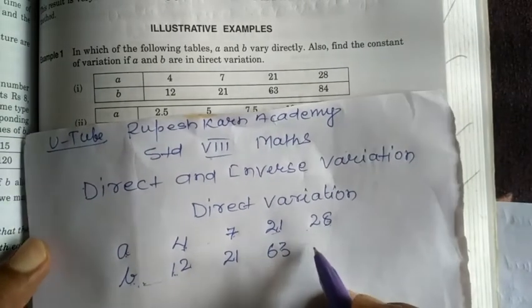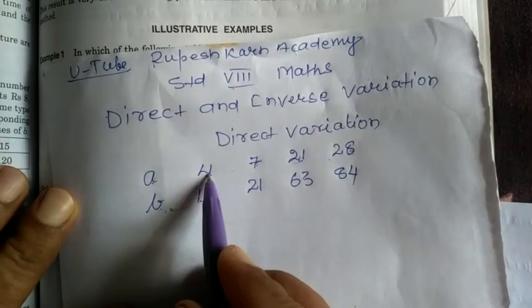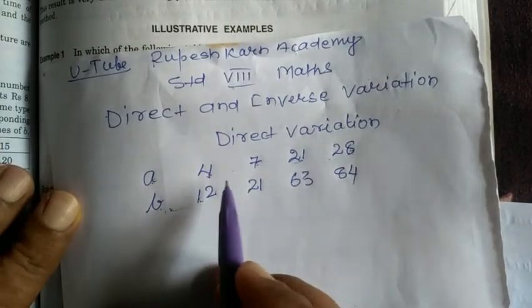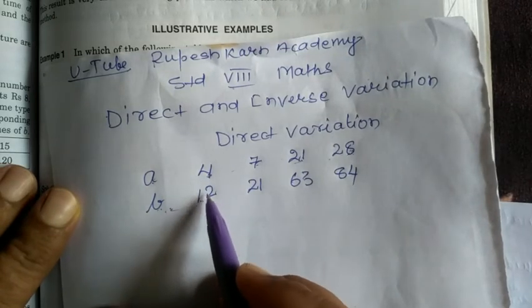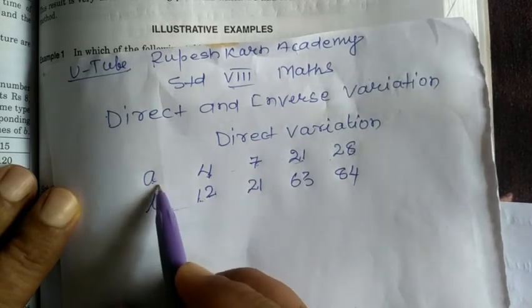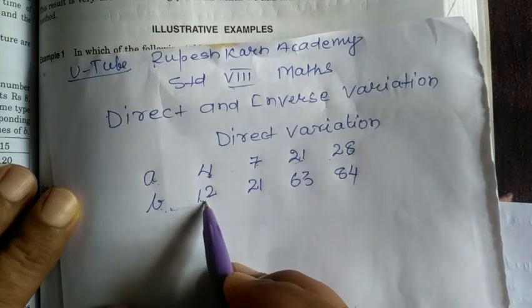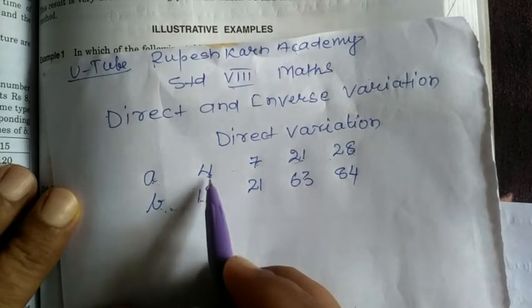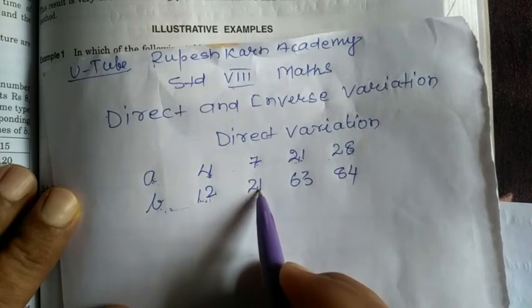Correct? Now see here, in which ratio does it increase? What is the ratio of the direct variation? See here, when the value of A we take 4, the value of B is 3 times of A. Here the value of B is also 3 times of this.